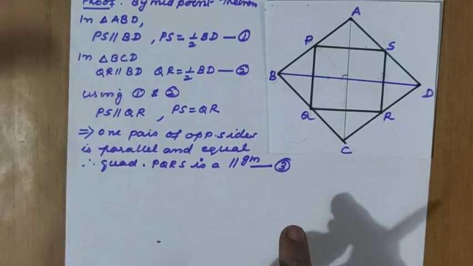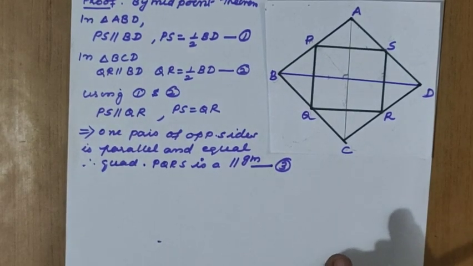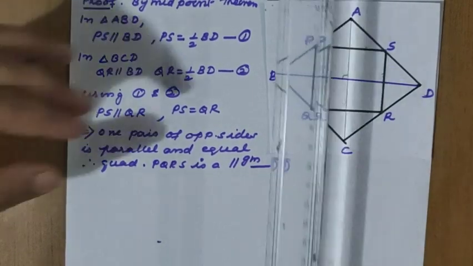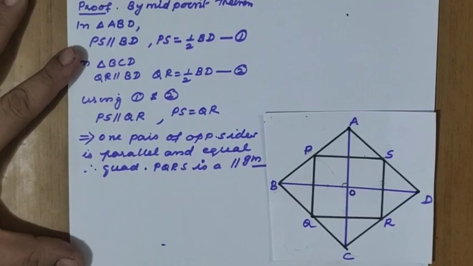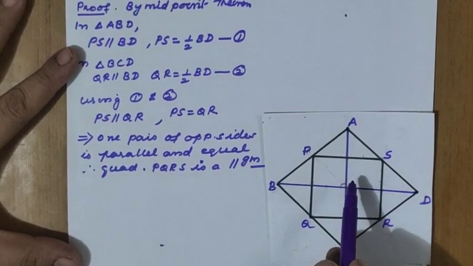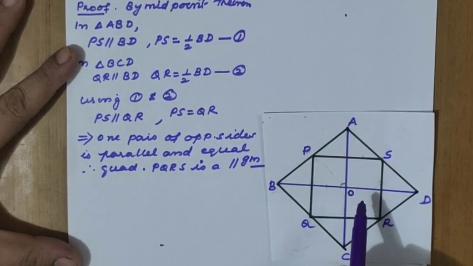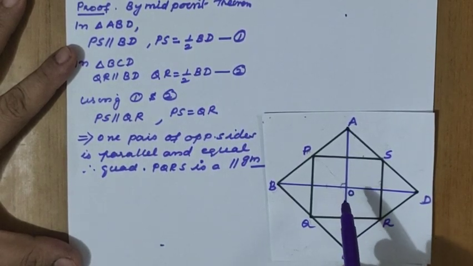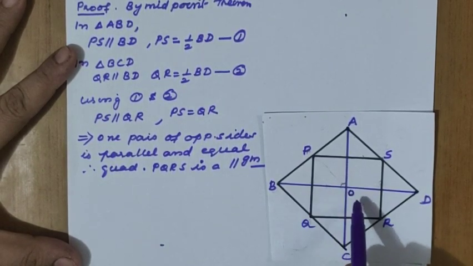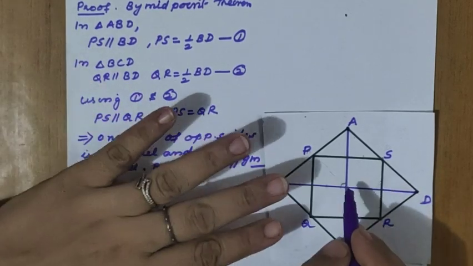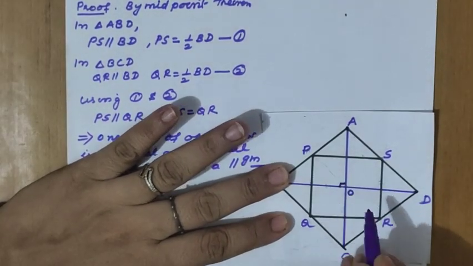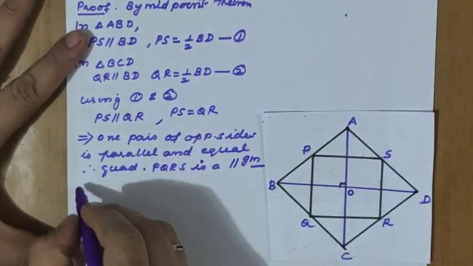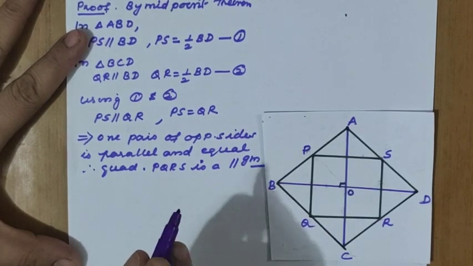For this I have to join the diagonal AC also. We are using the property of the rhombus now. What is the property of the diagonals of a rhombus? The diagonals bisect each other perpendicularly. That means angle O equals 90 degrees. So we have written the third equation as a parallelogram.